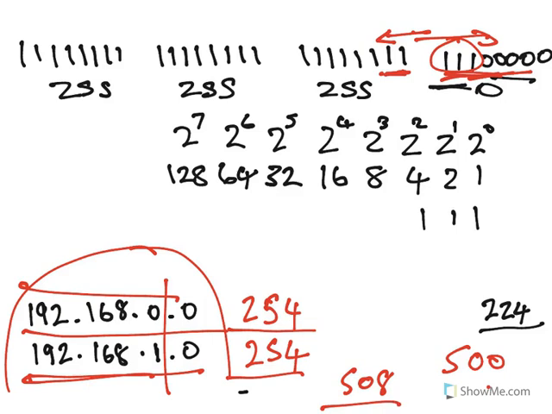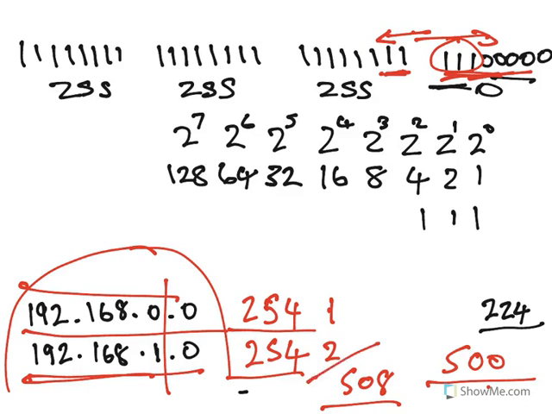Now, in order to supernet, you do the exact same process. You've got to work out how many bits I need to get to my 500 hosts. Alternatively, you can look at how many bits I need to get to 2 networks. Why 2 networks? Because there are 2 that we are joining. So I can do this in 2 ways. Let's start with the 2 networks.